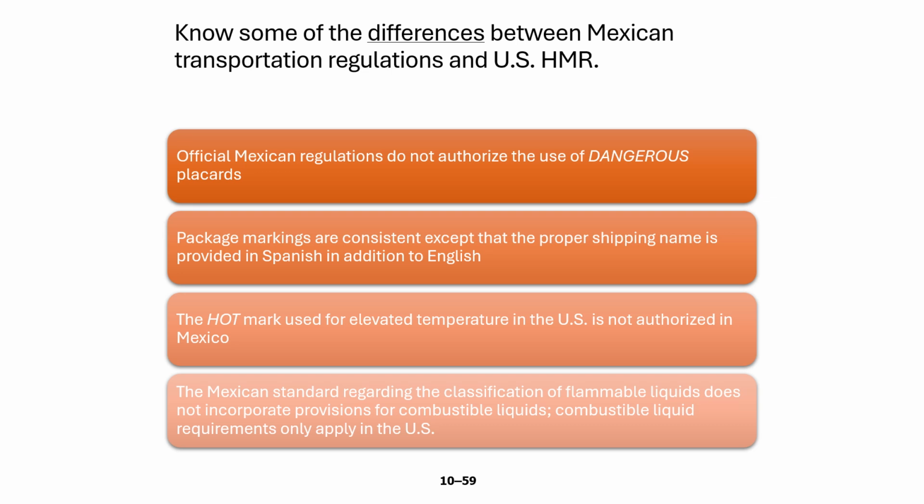The hot mark used for elevated temperatures in the US is not authorized in Mexico, and the Mexican standard regarding the classification of flammable liquids does not incorporate provisions for combustible liquids. Combustible liquid requirements only apply in the United States.